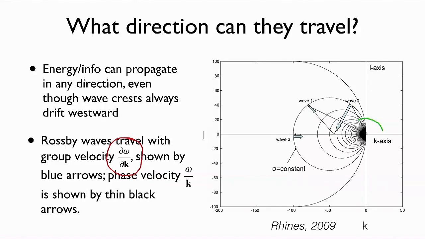So there's this angle, and if we go double that, around there, whoops, I went too far. That's the group velocity, which is shown here. Okay, and same for these other waves. So whatever angle you make, double it, and it gives you the group velocity. That doesn't tell you the speed, and you'll notice that the speed of the group velocity can be quite different from one wave to another, but it at least tells you the direction.